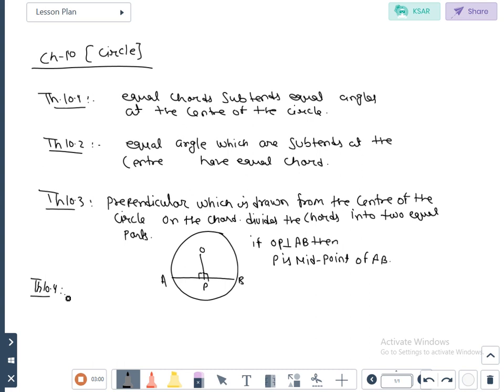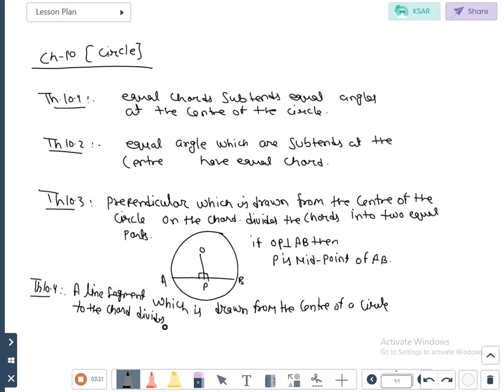Theorem 10.4: a line segment which is drawn from the center of a circle to the chord and divides the chord into two equal parts is perpendicular to that chord.